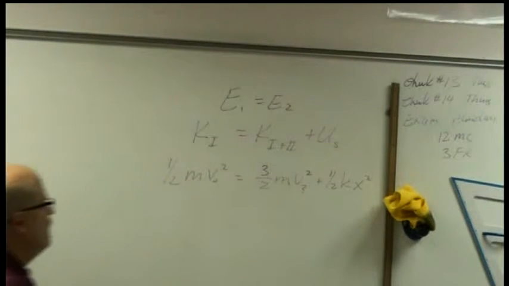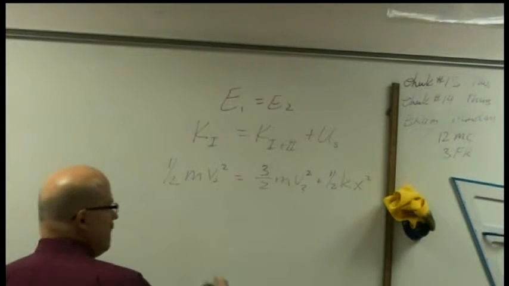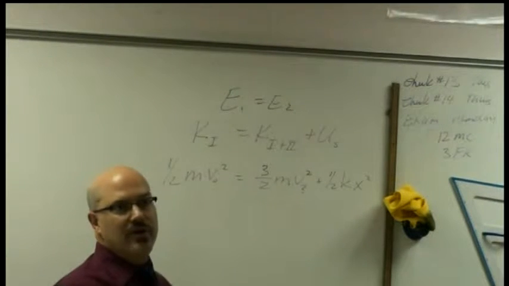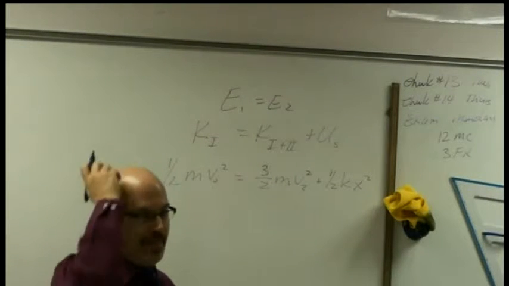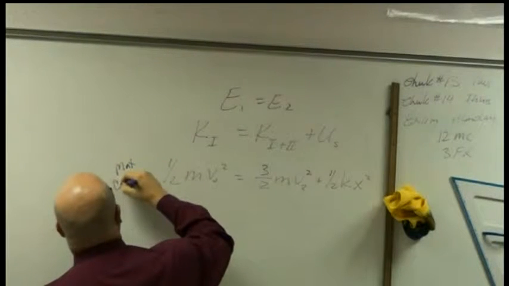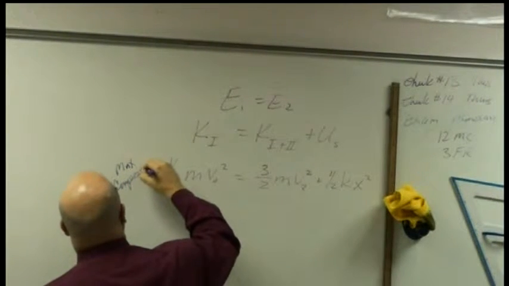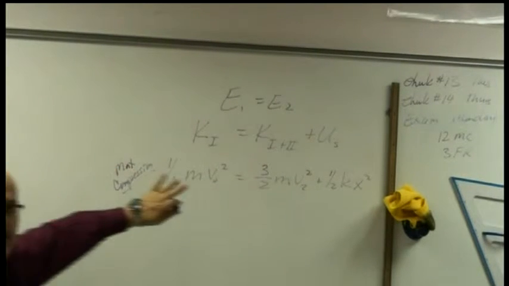Yes. That should be true during any part of the compression, right? No, because that says you're at the same final velocity. Ah, that's correct. This is only during maximum compression, because these two velocities won't be the same otherwise. We said that the velocities are the same.